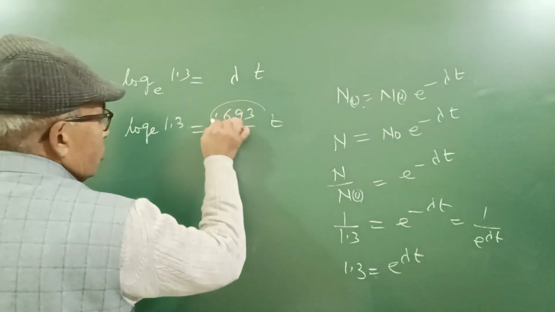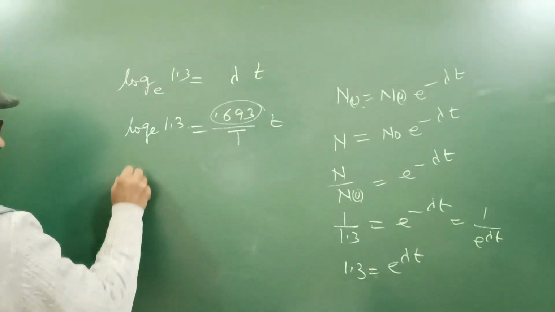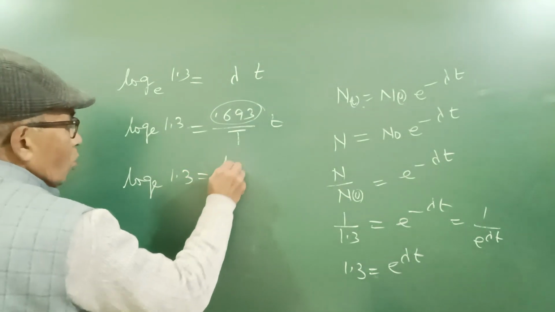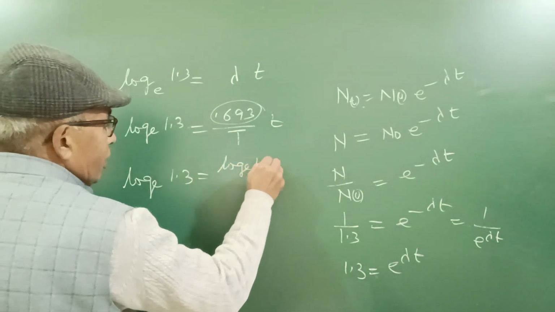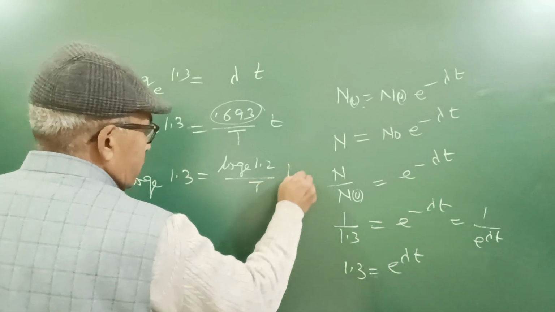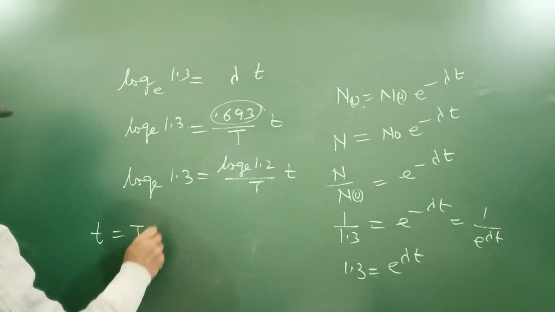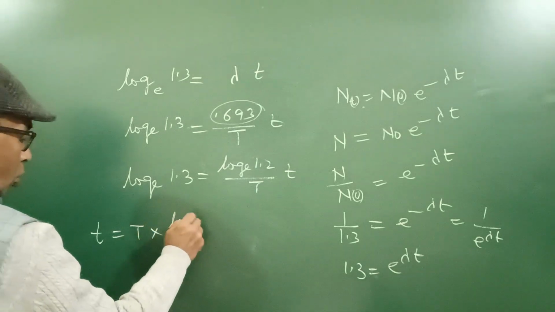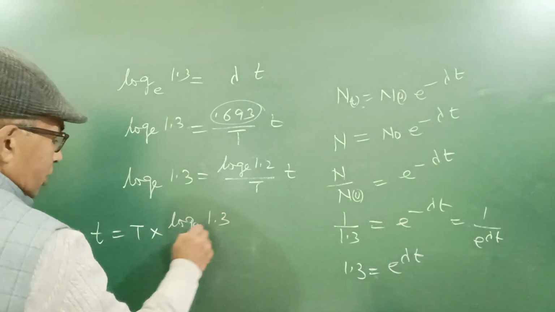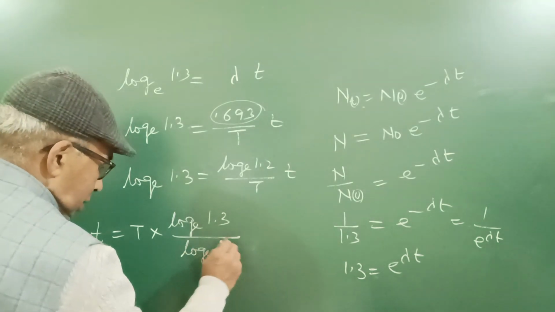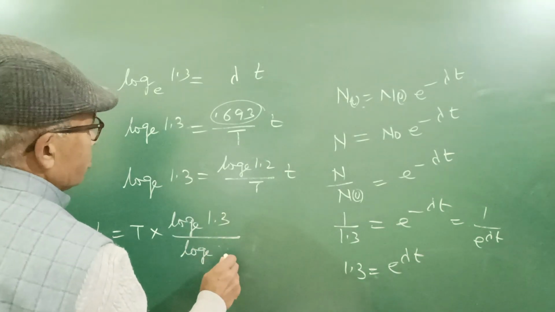It is also log base e 2 upon T into t, or t equal to T into log base e 1.3 upon log base e 2.